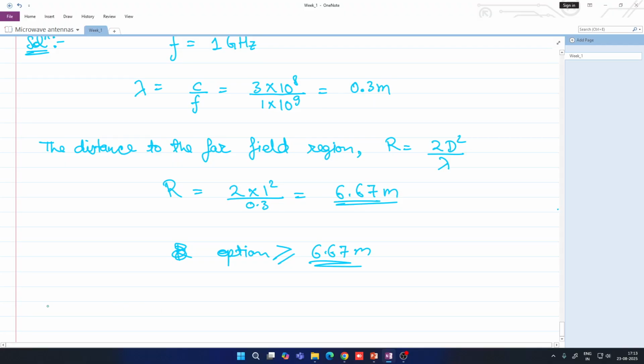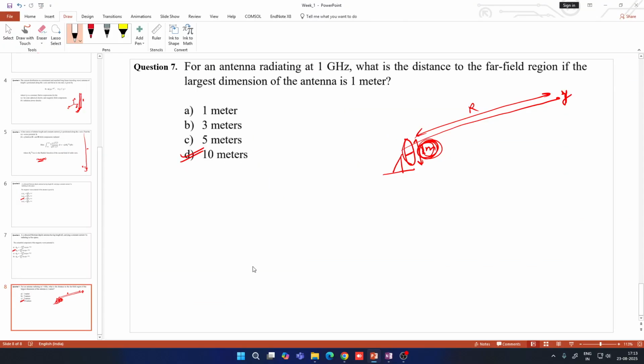So the correct option is option D, 10 meters. I hope this question is clear.